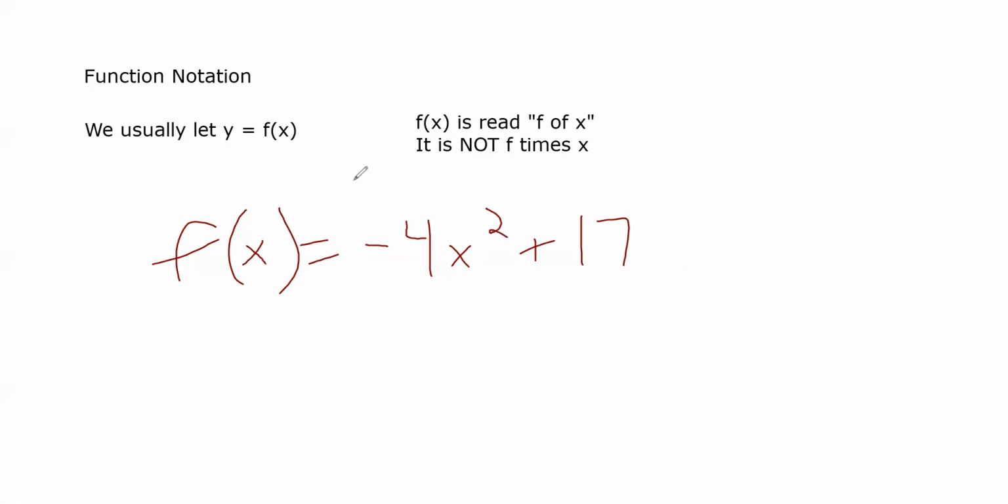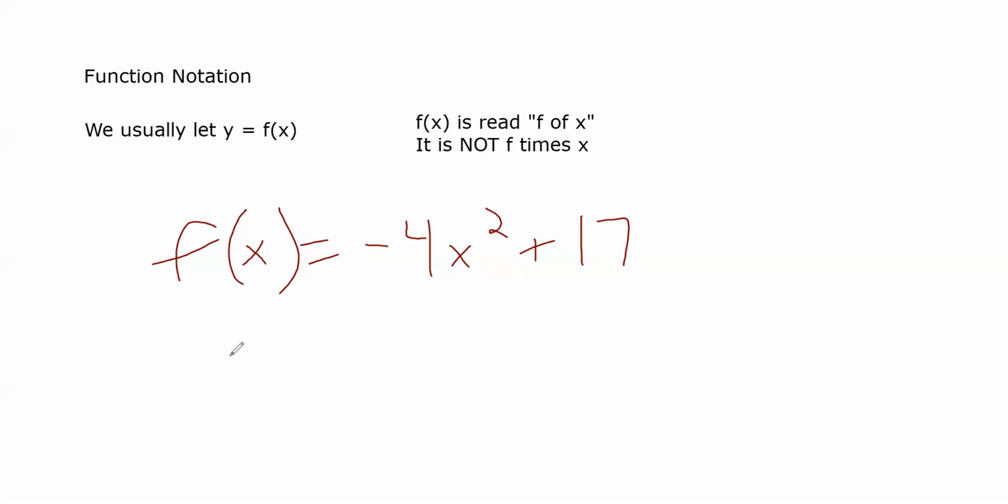So to say y and f of x are interchangeable, it's almost confusing. That's why they sometimes just say let y equal f of x. But I don't like that. That's just a little much. What we're going to say is that this f thing is a function of x.